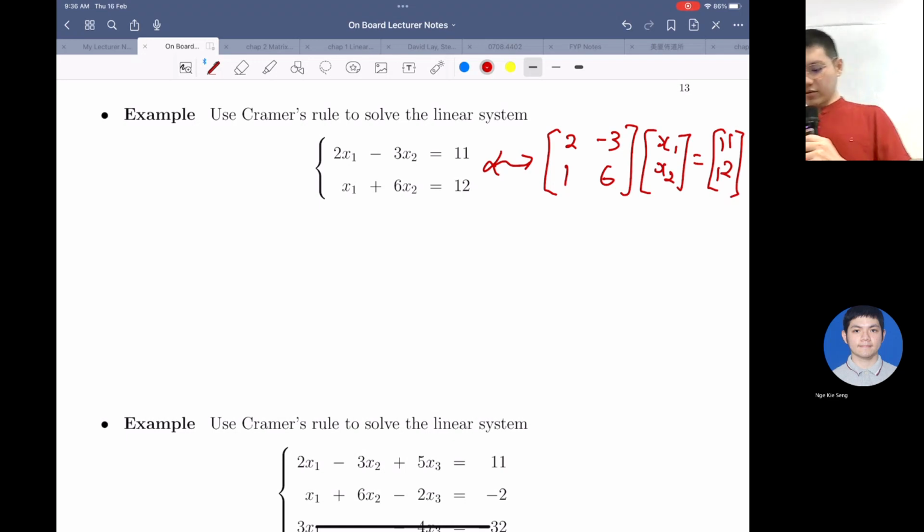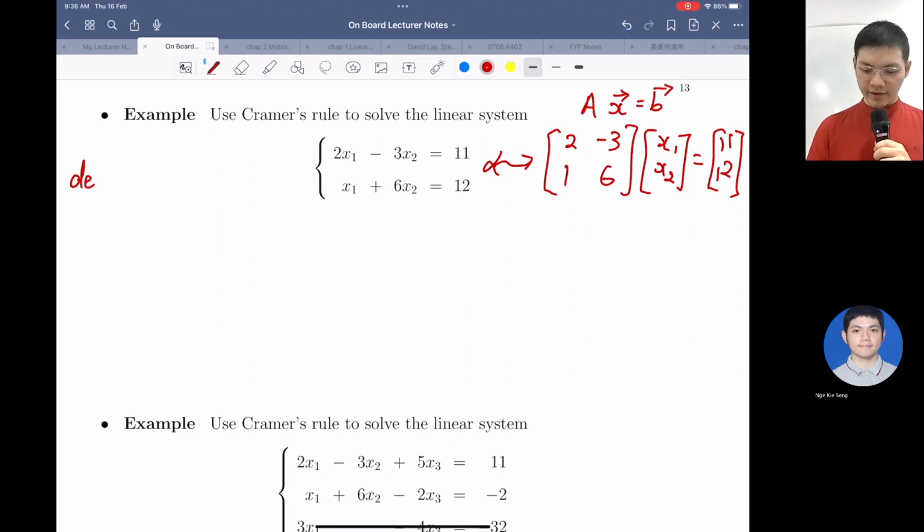Please let me know if you still don't know how to do this. So we got Ax equals b. Cramer's rule needs A to be invertible. Should we check first whether A is invertible or not?